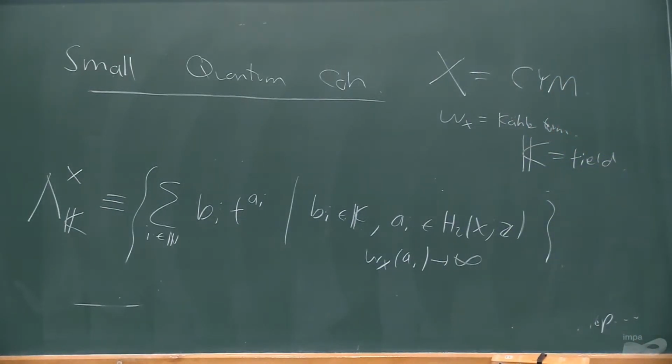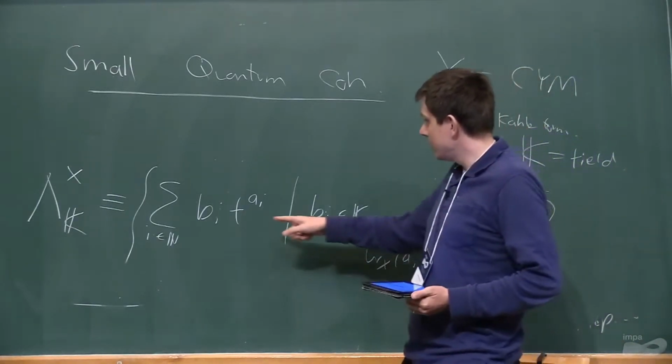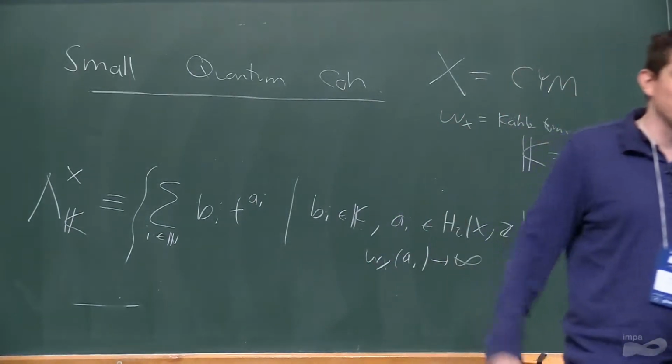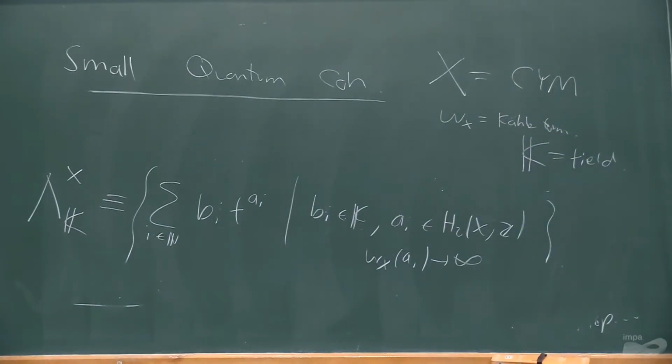So I'm not just using the Novikov ring where the a_i are real numbers. I'm using the sort of full, bigger Novikov ring where I remember the H2 class.